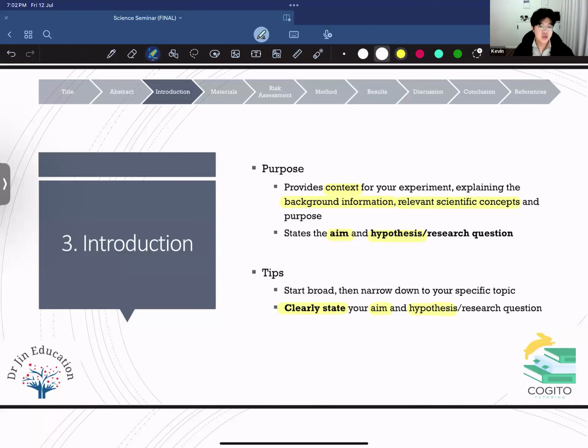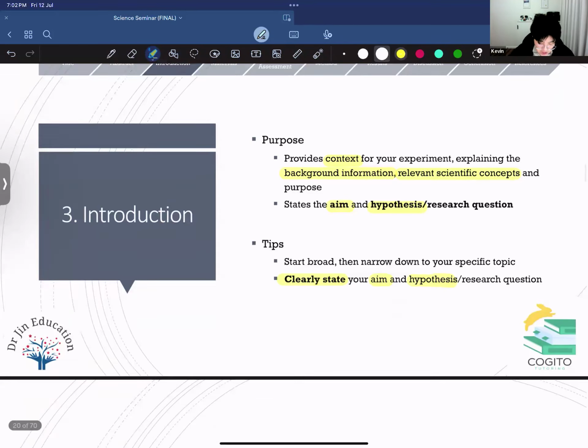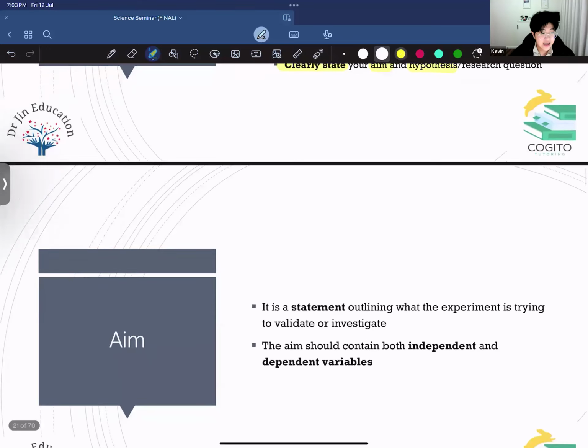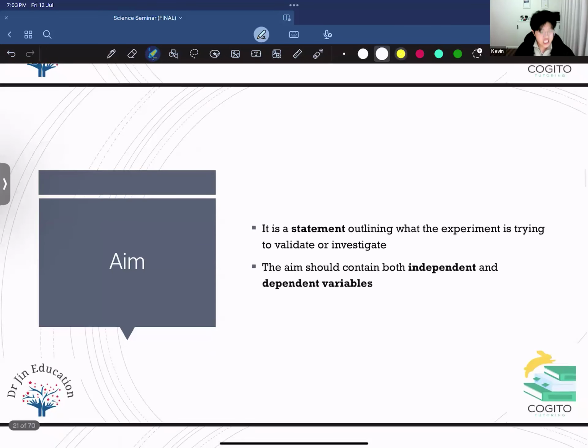These two are very important. So let's have a look first at what is an aim. The aim is a statement outlining what the experiment is trying to validate or investigate, and the aim should contain both independent and dependent variables.